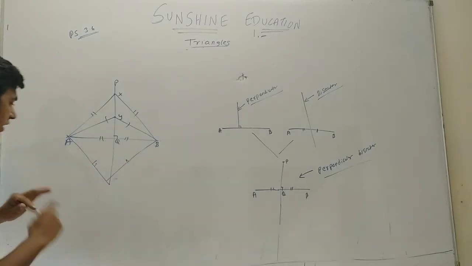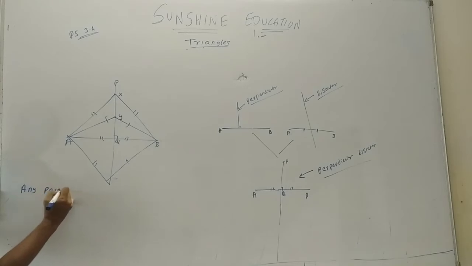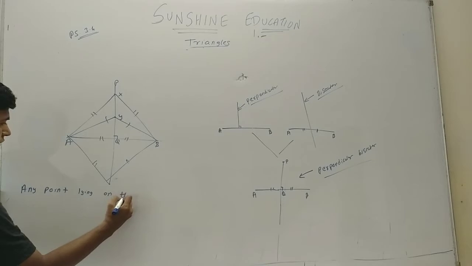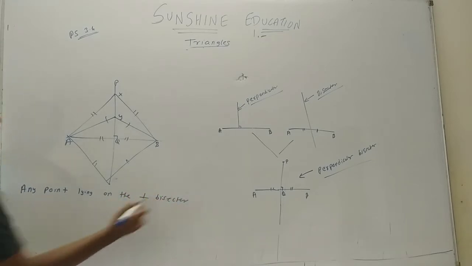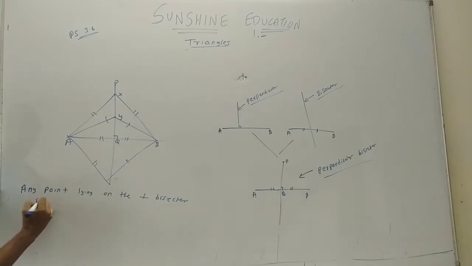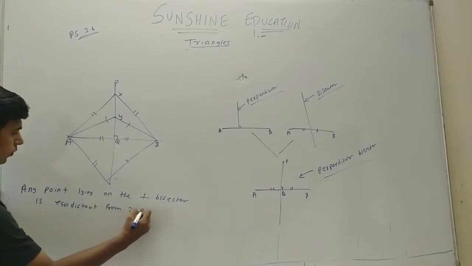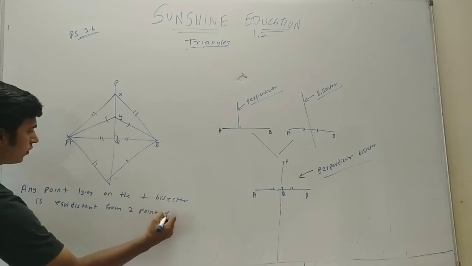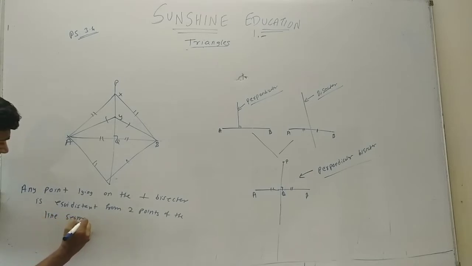I will write the statement: any point lying on the perpendicular bisector is equidistant from two points of the line segment.